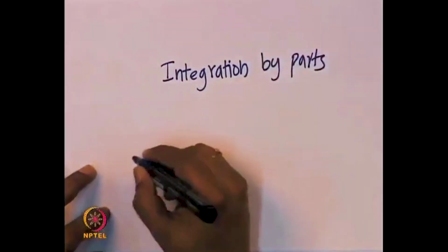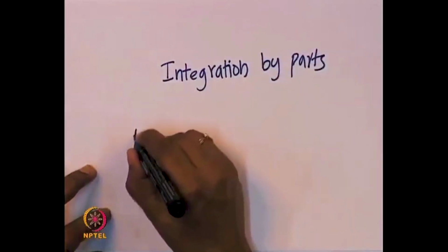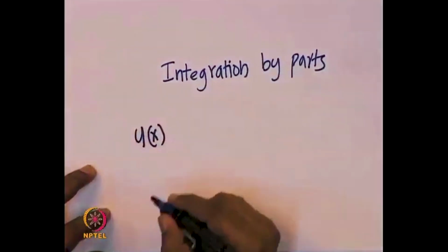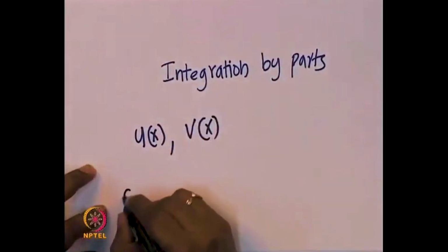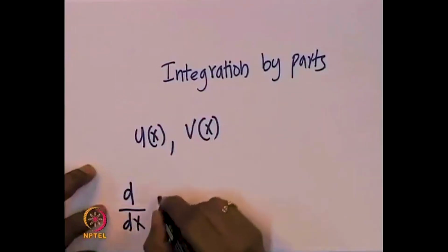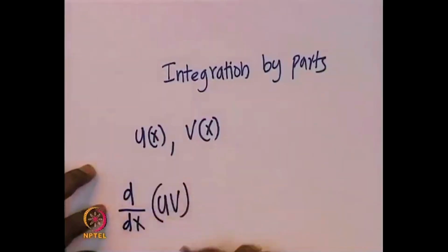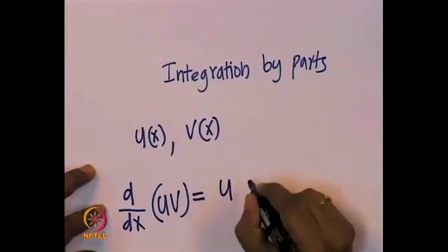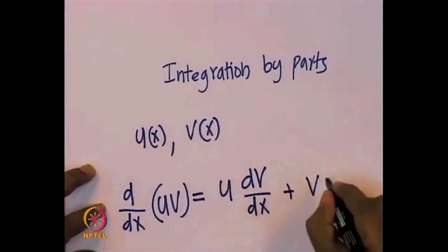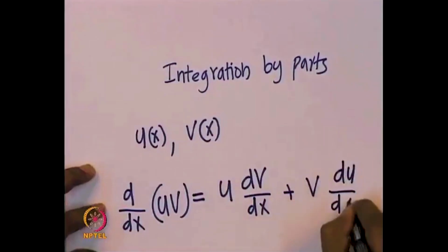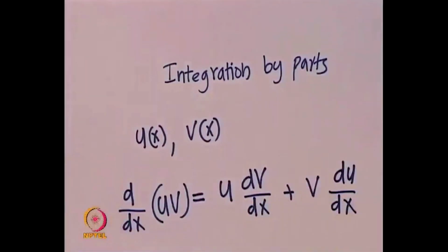We learned that if you have a function, let us say u of x, and another function v of x, we can write the derivative of the product u v as u dv by dx plus v du by dx. So, it is good to recall this, because we will use this idea now to think of integration by parts.